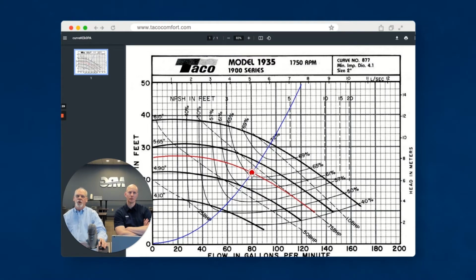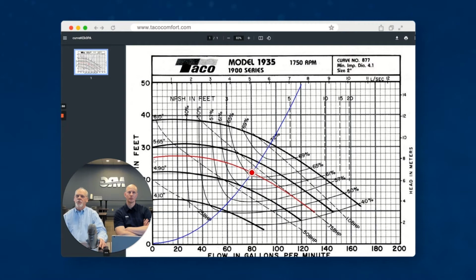I like this curve because we have a lot of variance with our head. It can show you what your flows are based on the amount of head, because there is a good span here between what we call our shut-off head.